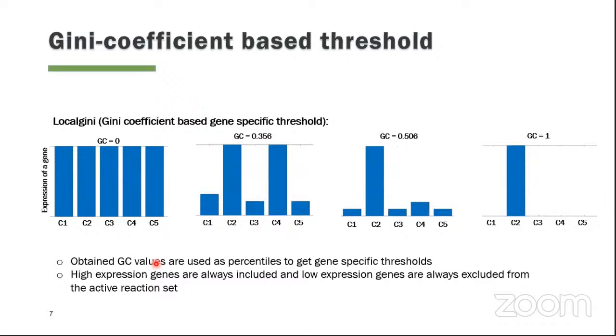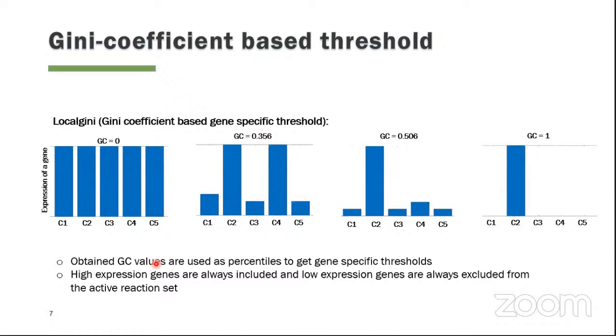Those values are converted into percentile values, and these values were applied to these genes. If we have 100 contexts, for a particular gene we have 100 expression levels for these 100 contexts. So we apply the percentile value and get the threshold, which is the gene specific threshold, the local Gini threshold.